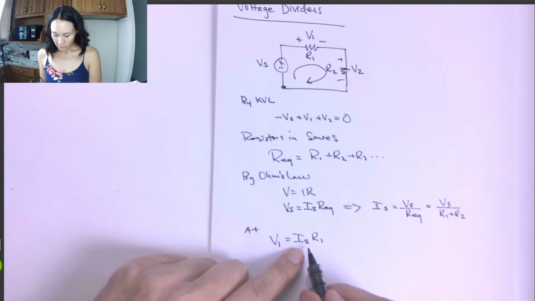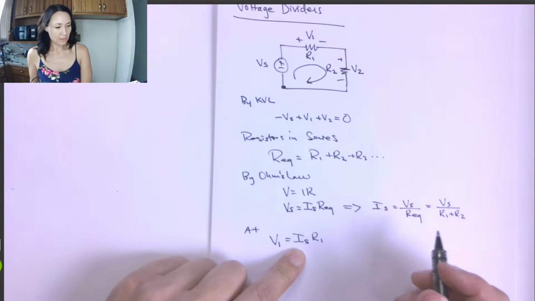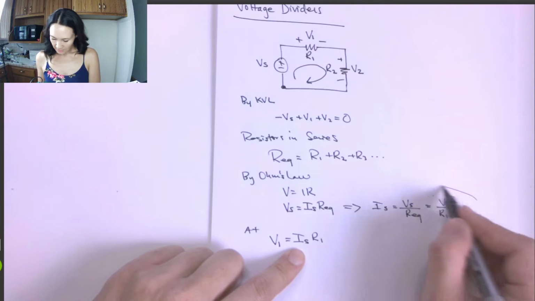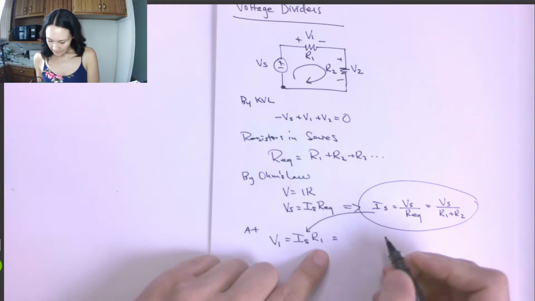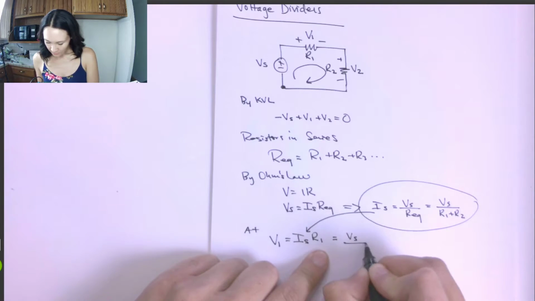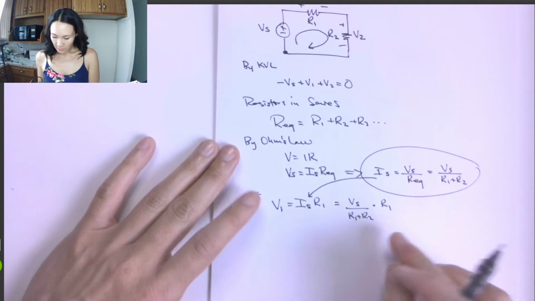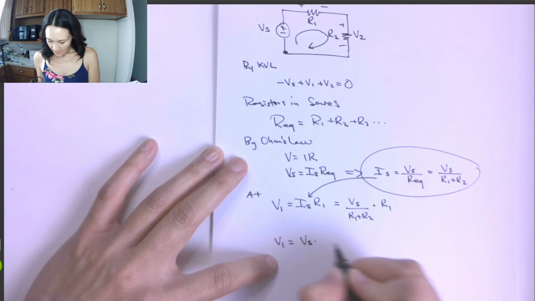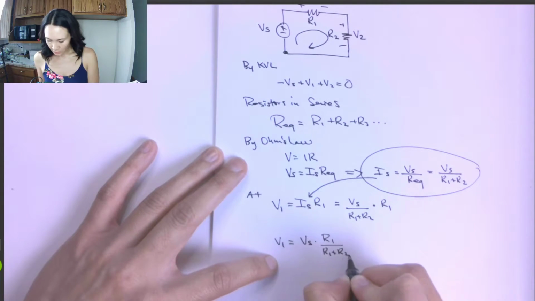Is is the current that's coming out of the source, but it's also the current that's going through R1 because it's a series circuit. Okay, great. So then if I take this equation here and I plug it in for this Is, this is going to give me Vs over R1 plus R2 times R1. Okay, great. So I'm going to rearrange these terms so it looks like this. Vs times R1 over R1 plus R2.